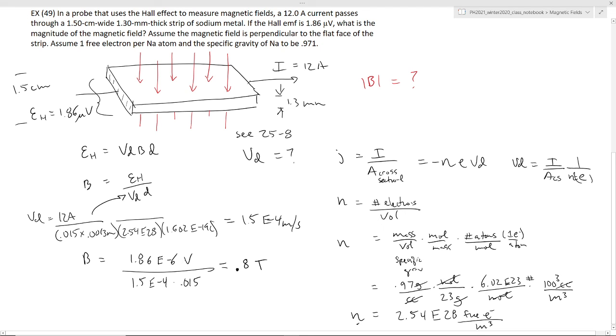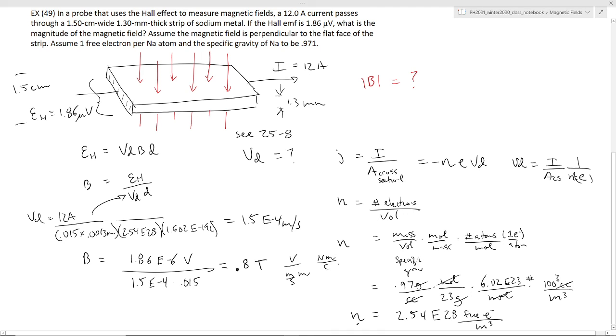These units are maybe a little bit unfamiliar. We have volts per drift velocity, which was in meters per second, times a factor of meters, the width. So what's a volt? That's a joule per coulomb, and a joule is a Newton meter.